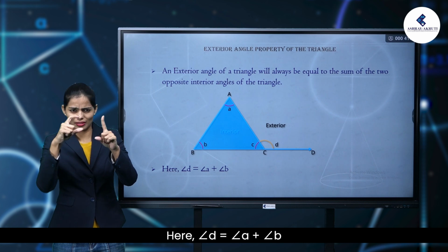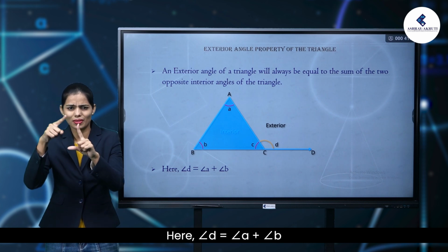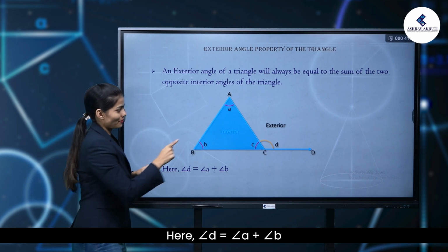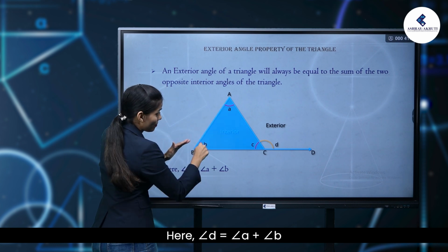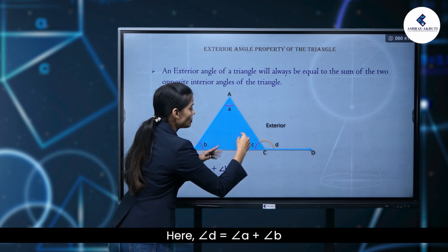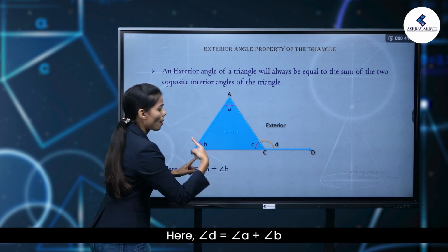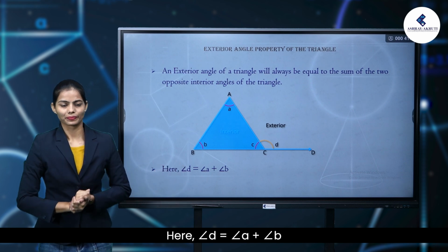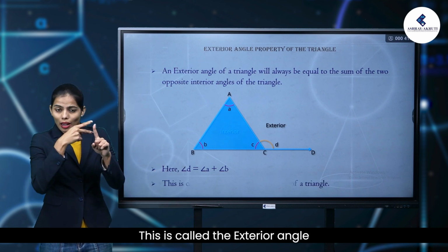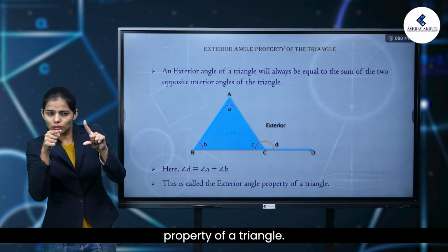Here, angle D is equal to angle A plus angle B. This is called the exterior angle property of a triangle.